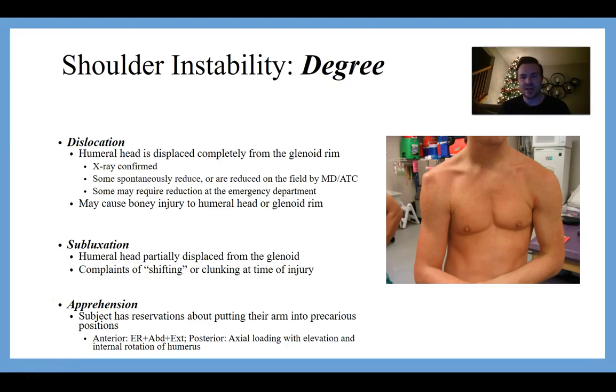Subluxation is when you actually have a shift of the humerus to the edge of the glenoid rim and then shifts back into its normal anatomical position. And then finally, a dislocation is a full shift of the humerus off the glenoid, and may need to be reduced by a medical professional, but it also may spontaneously reduce as well.